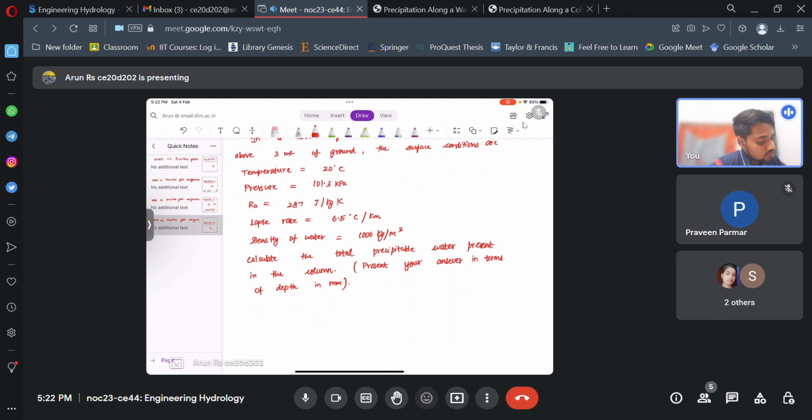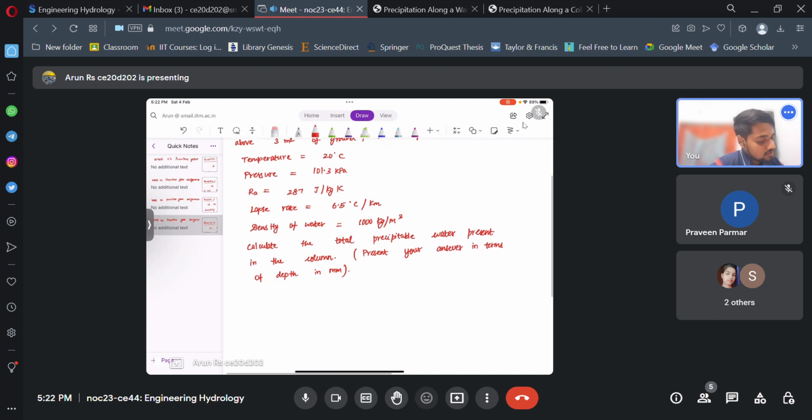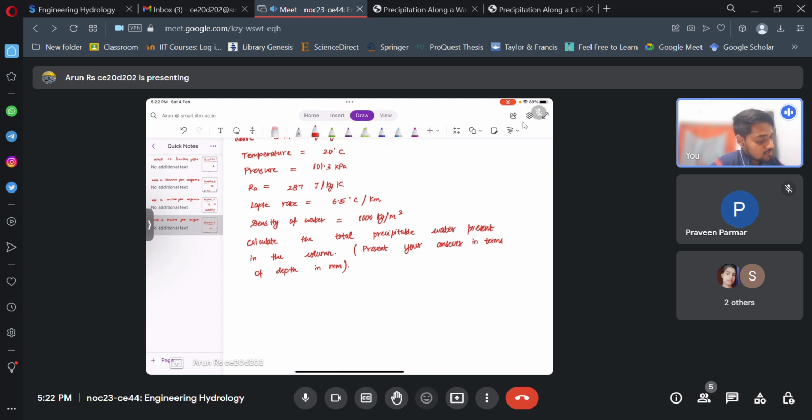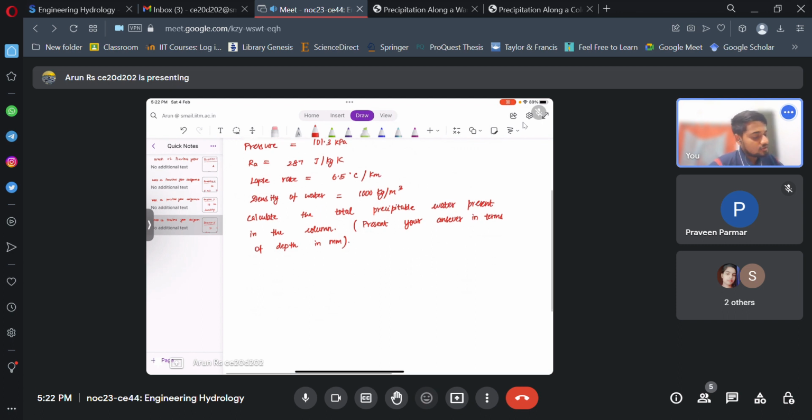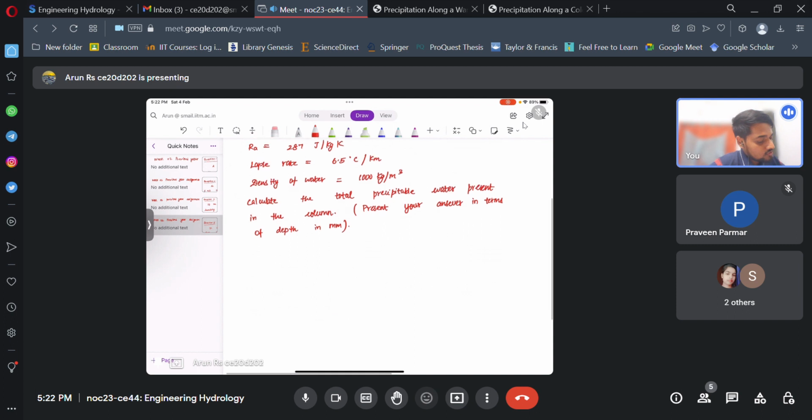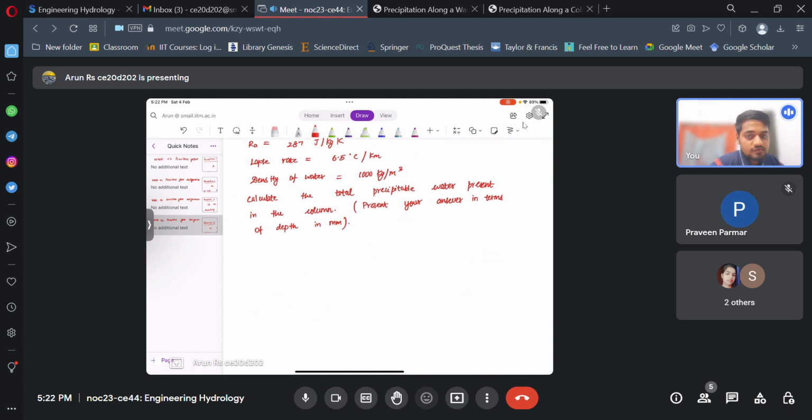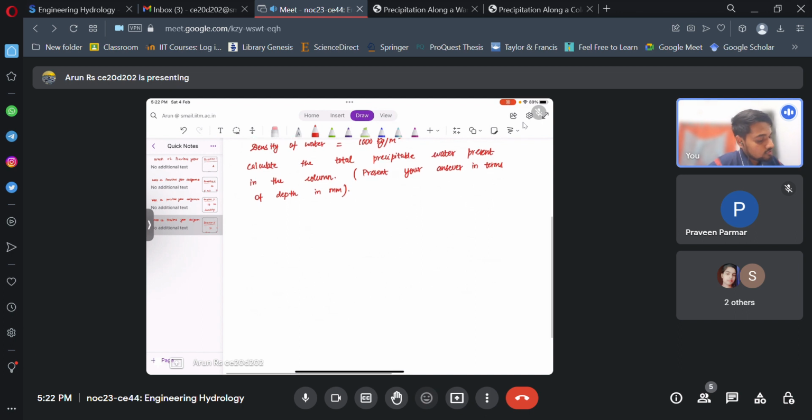So your air temperature is 20 degrees centigrade, your atmospheric pressure is given as 101.3 kilopascals, then your gas constant for the air is given as 287, your lapse rate is given, your density of water is also given. So here we need to find out what is the total precipitable water that is present in this column.